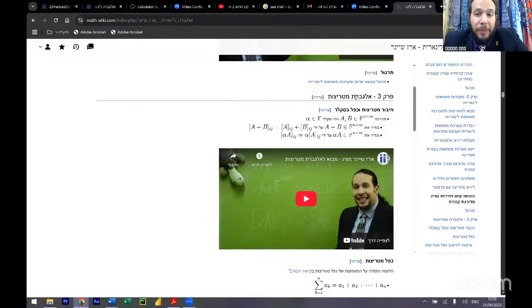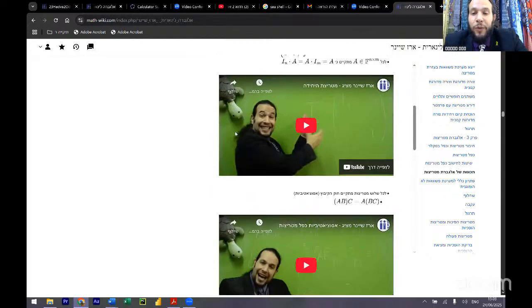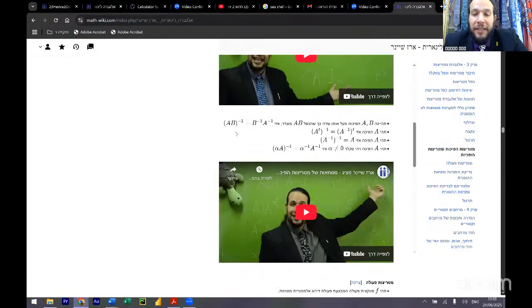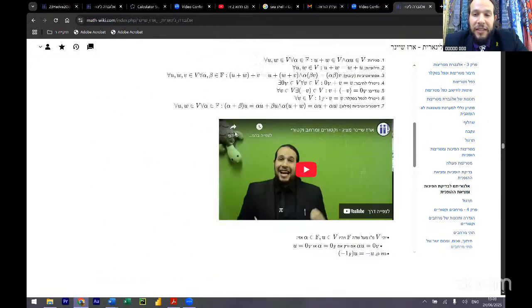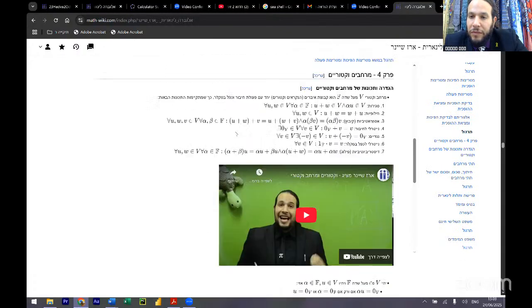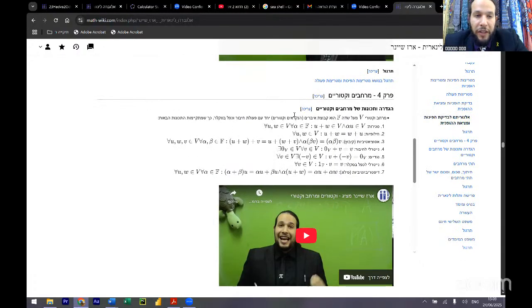Then we studied the algebra of matrices, mainly multiplication of matrices and inverse matrices. Then we did vector spaces and subspaces. We defined what a vector space is, and we said that a vector subspace is a subset which is also a vector space with regard to the same operations.